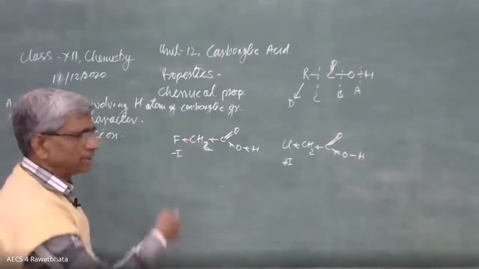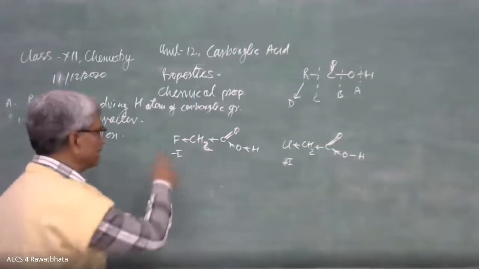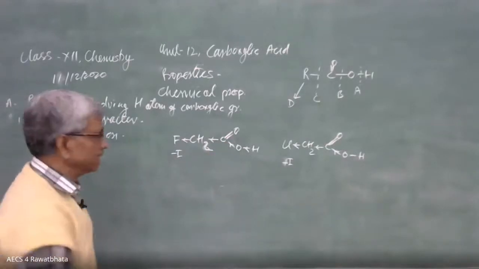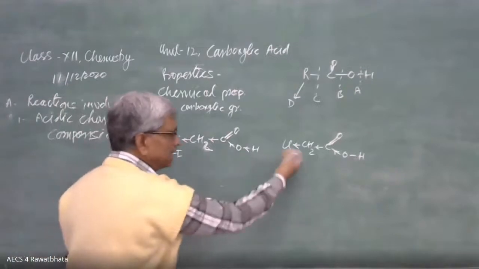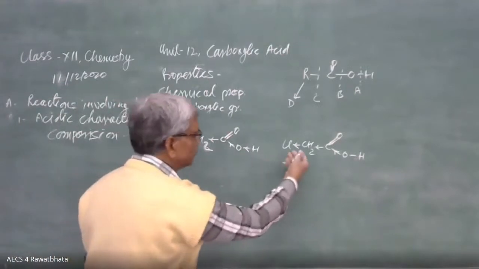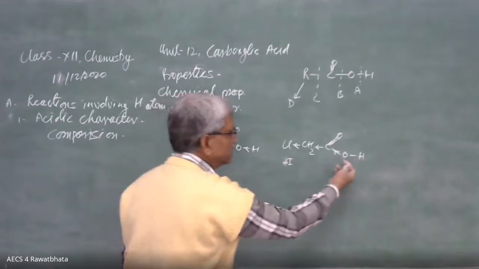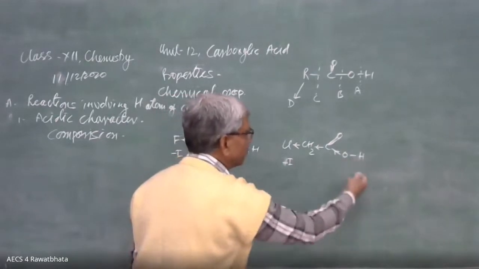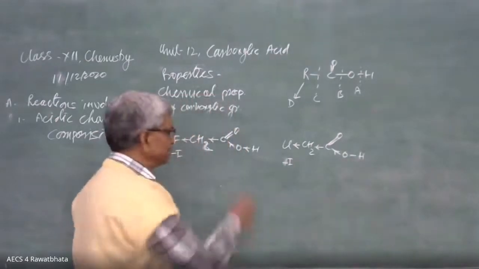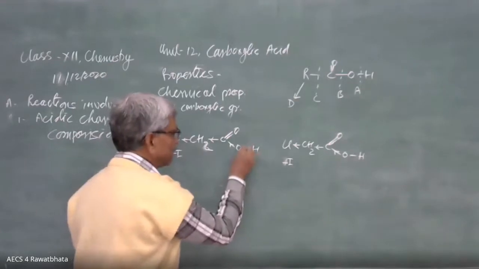If you compare acetic acid and chloroacetic acid, this chlorine shows electron withdrawing effect, oxygen gets less electron density, and release of hydrogen becomes easier. This arrow is not required.